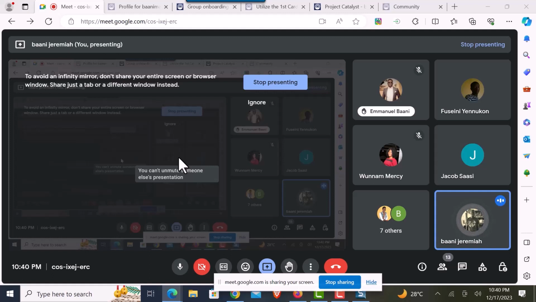And one thing is, don't be in a hurry to finish and hop into other proposals that are not assigned to you. And the reason is that the filtering process is very technical.